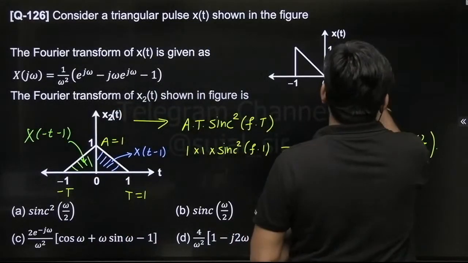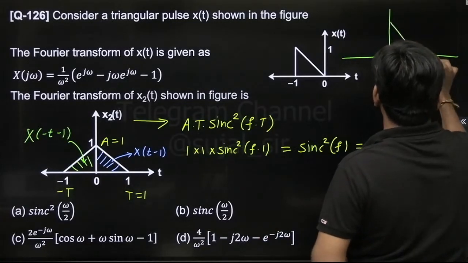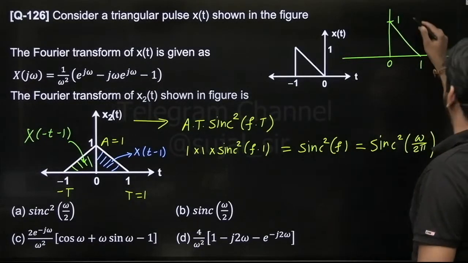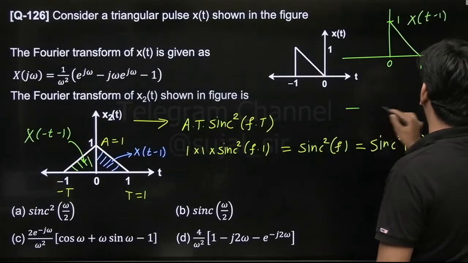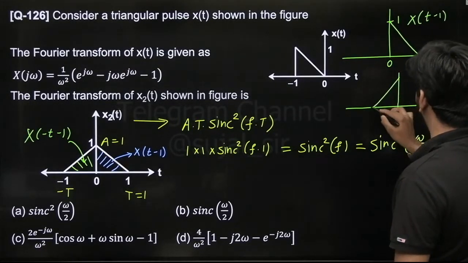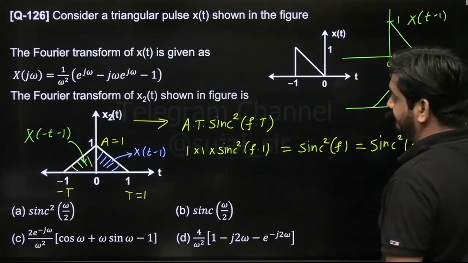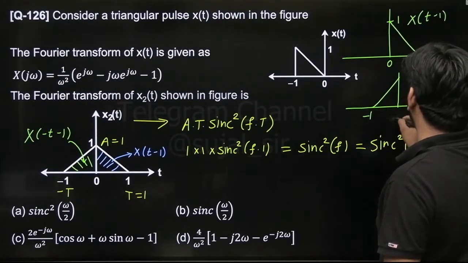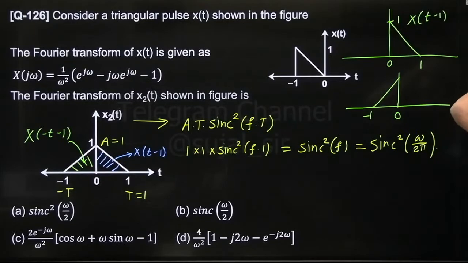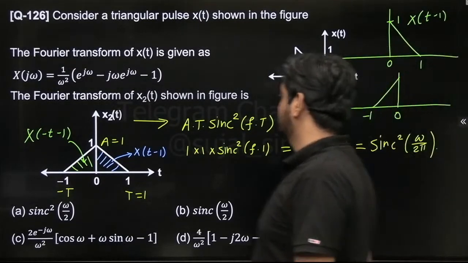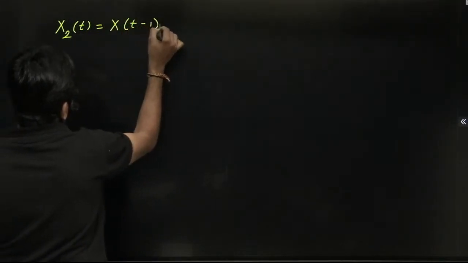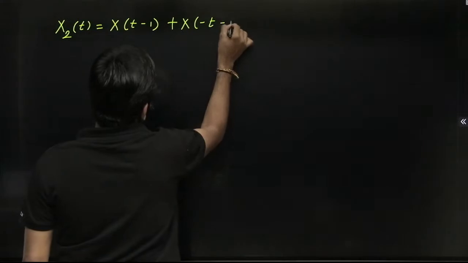First right shift, right shift by 1 second, so this is x of t minus 1. Then folding with respect to the y axis, that is 1 and minus 1 and 0. So x of minus t minus 1. So x2 of t is nothing but x of t minus 1 plus x of minus t minus 1, guys.